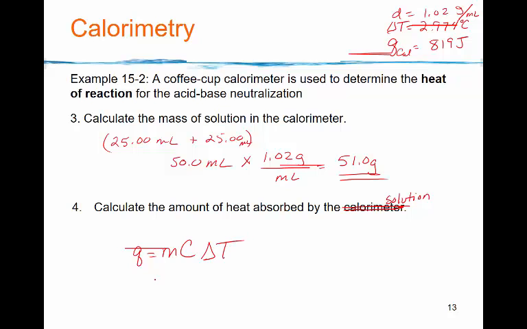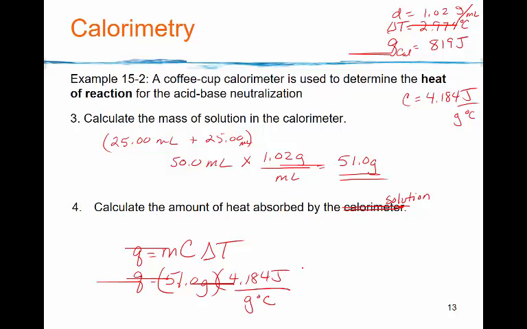So Q is equal to our mass, which is 51, times C, and C is the specific heat of water, which is 4.184 joules per gram degree C, times delta T, which was from way back, 2.947 degrees C.